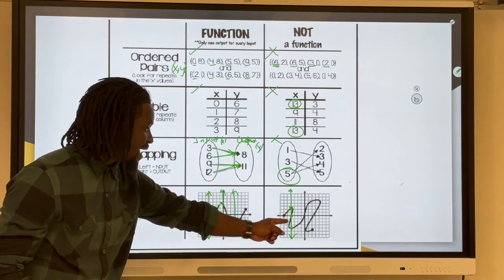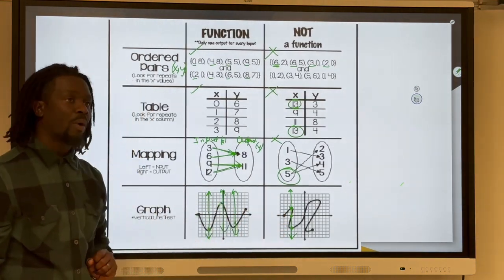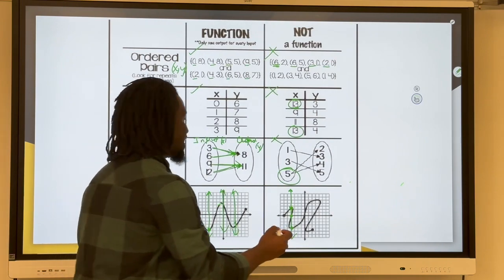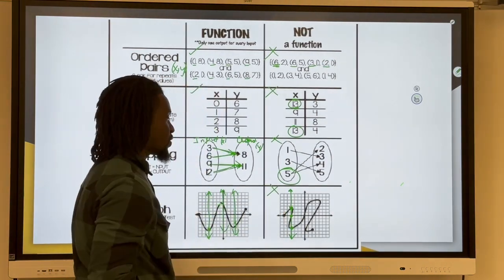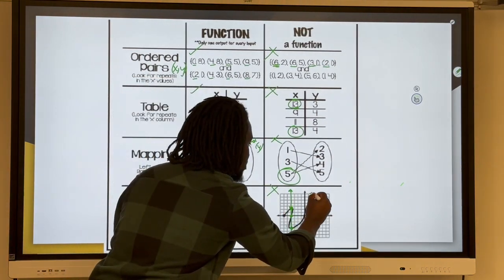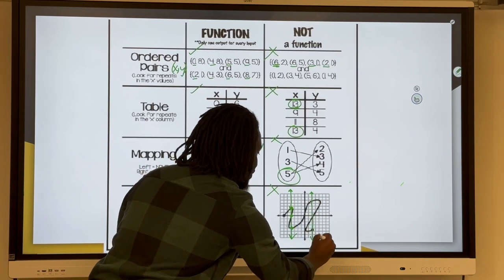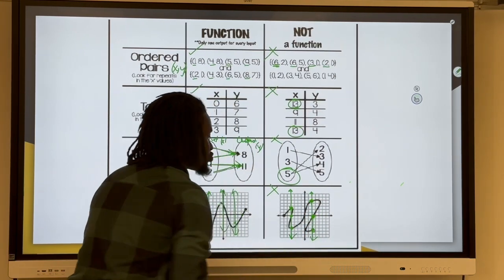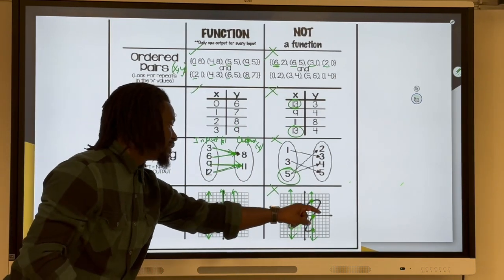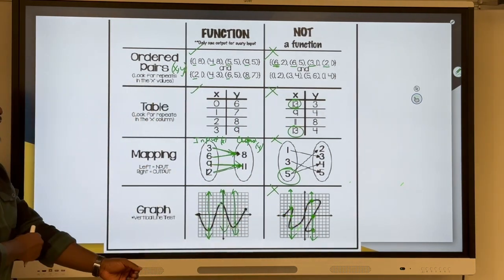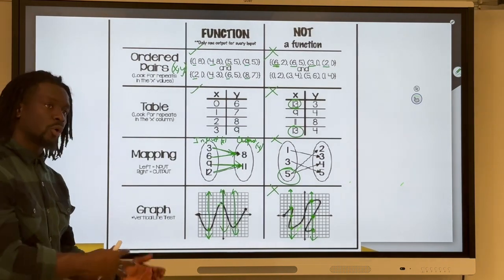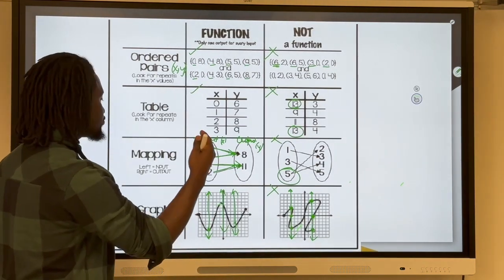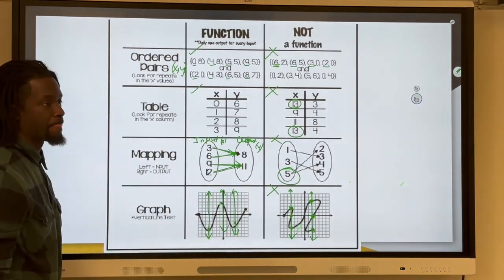Again, this x has multiple y's. It does not pass the vertical line test, so it's not a function. Again, if I drew this vertical line, I see it touches my graph, this squiggly line, okay, at multiple points. So, therefore, it is not a function.